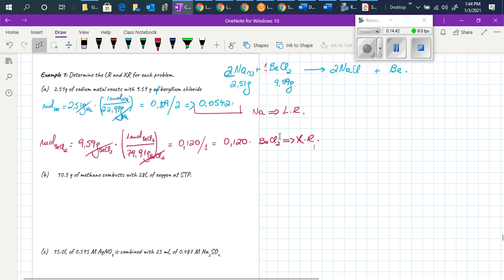Okay. Now the second method, or the method that I use, is that I do the stoich.